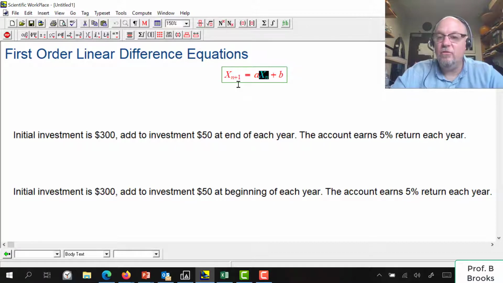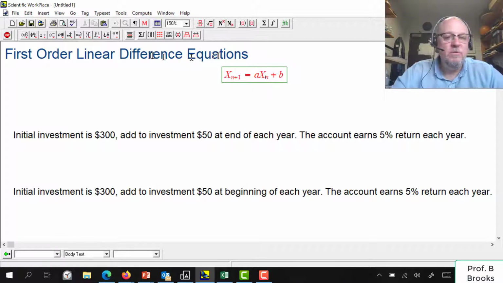And so x sub n plus 1 would be the next year. So n is the nth year, and n plus 1 is the year after that. So it's a way of writing down, keeping the years in order. But we don't necessarily do any mathematics with the sub n. It's just to keep the n's in order.